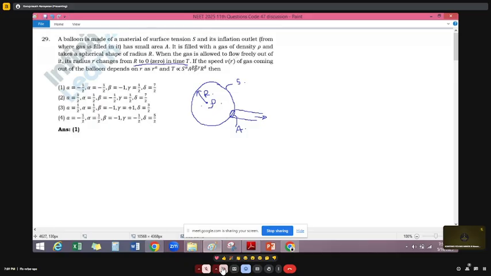So time taken is S power alpha, A power beta. So they are given that t is proportional to surface tension alpha, area beta, density gamma, radius, original starting radius, initial radius, delta. Then I think they are basically asking you to find a, alpha, beta, gamma, delta.